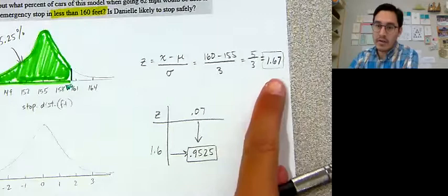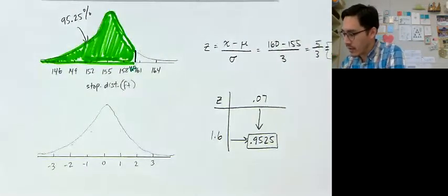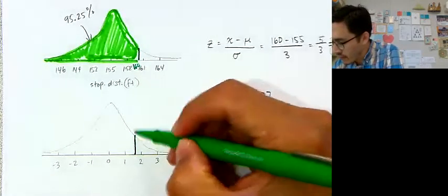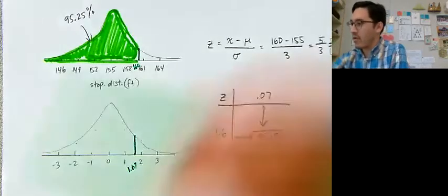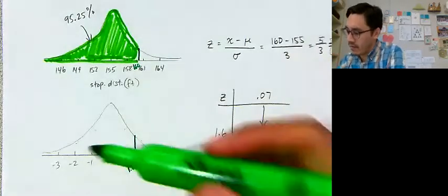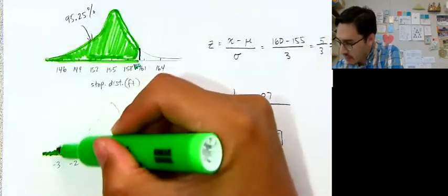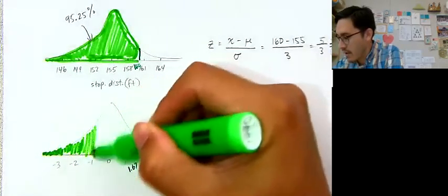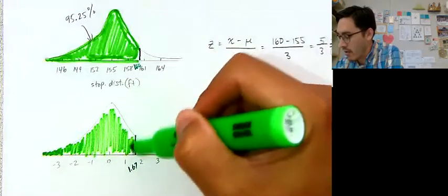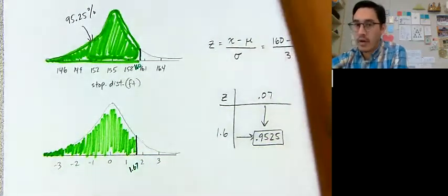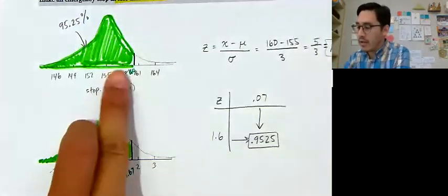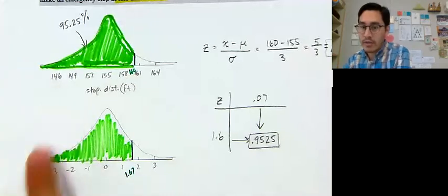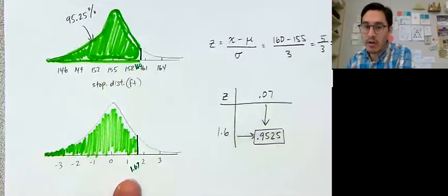Then our z-score is 1.67, which would show up right about here. And we're still trying to find the same area. So these two areas are equivalent. The area less than 160 feet is equivalent to the area less than a z-score of 1.67.